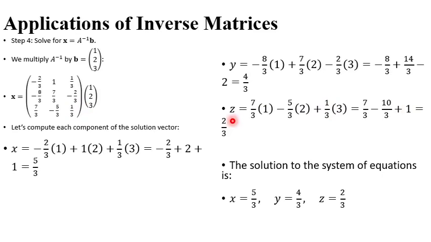And if done well, you should get 2 all over 3. So the solution of the system of linear equations using the matrix inversion method is x is 5 all over 3, y is 4 all over 3, and z is 2 all over 3.